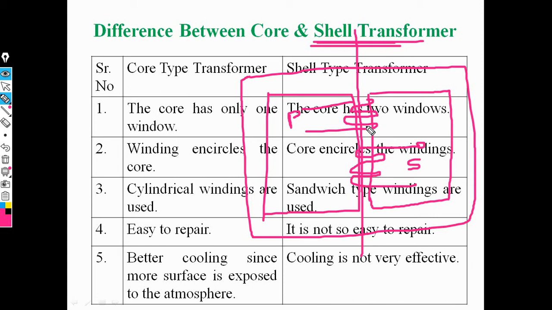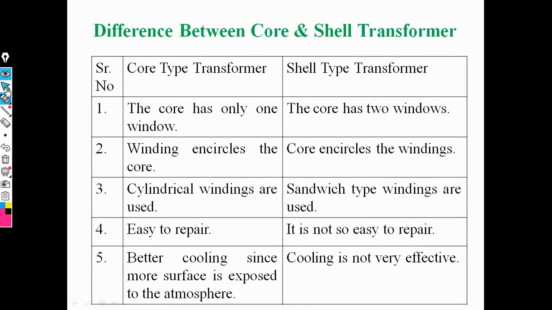Now, the fifth point: the core type transformer gives better cooling in case of temperature. When the temperature increases in the transformer, the core type transformer gives better cooling. In the shell type transformer, it does not give a better cooling medium.